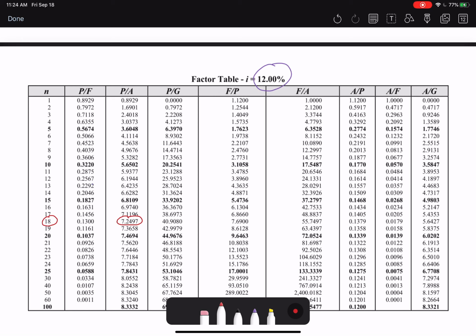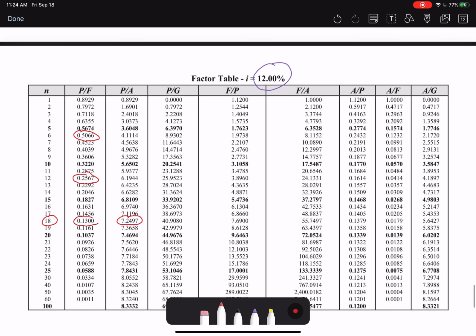P over F for 6 years is 0.5066. P over F for 12 years is 0.2567. For 18 years, that's 0.1300.